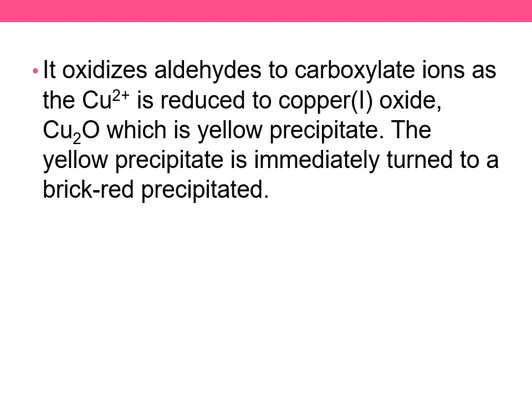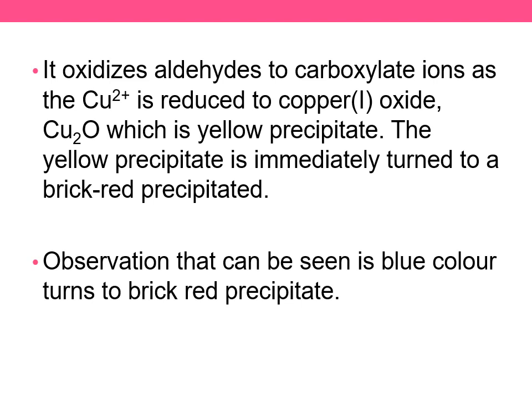The most important part that you need to know here is the observation. What is the observation when the reaction gives a positive result? Blue color of copper 2 plus ion is reduced, becomes colorless, and then it turns to brick red precipitate.